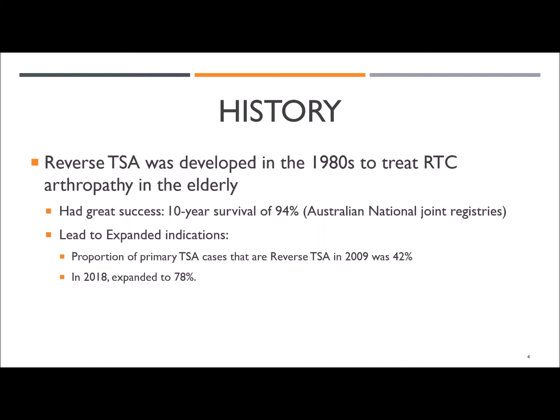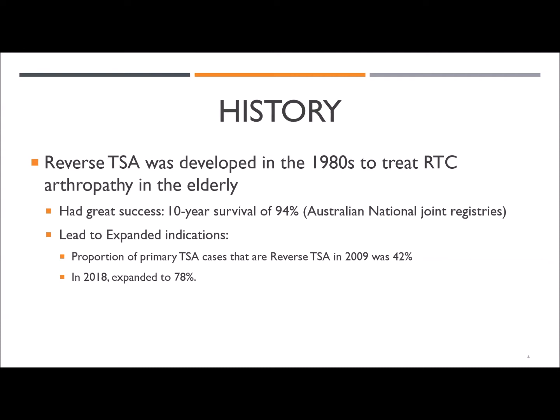Anyway, 10-year survival rate was 94%. And so in Europe, it caught on pretty big. And in the United States, it took a while for us to get going on it because I think only in the last 10 to 20 years have we started to really use reverse total shoulder on a regular basis.